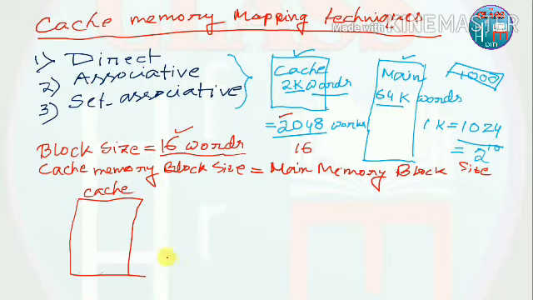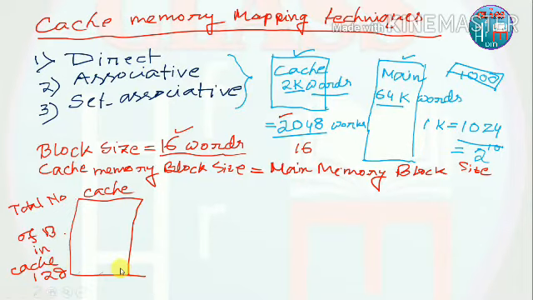It will be 128 blocks. So the total number of blocks in cache memory will be 128.